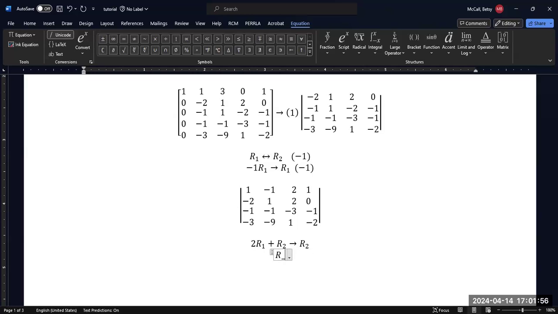I'm going to add row 1 plus row 3 and then put that back into row 3. Again, I'm not multiplying row 3 by anything, so I haven't changed the determinant. And then 3 times row 1 plus row 4, and I'm going to put that back into row 4. And again, I haven't modified row 4.